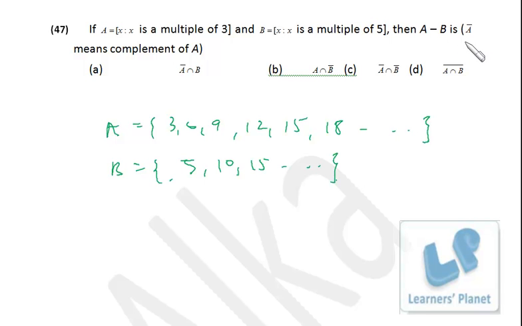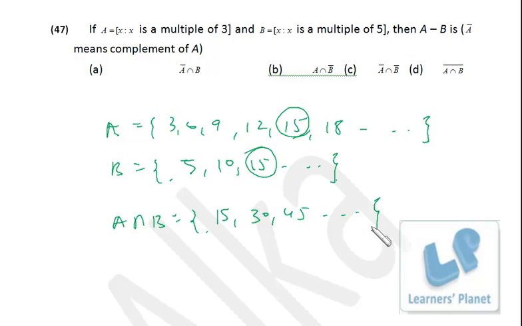We have to find A minus B. A is having the elements that are multiples of 3 and B is having the multiples of 5. That means A intersection B will have the common multiples of 3 and 5. So 15 is in A and also in B, so all the multiples of 15 will be there in both sets. So A intersection B will be 15, 30, 45 and so on.